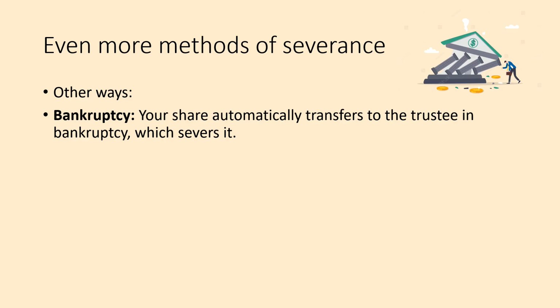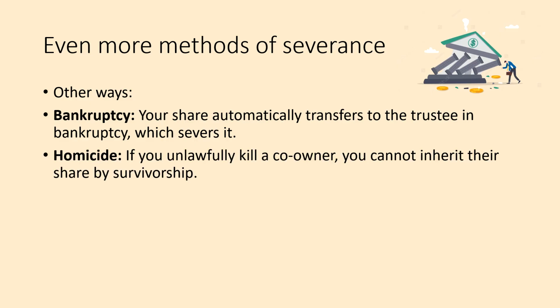So this goes beyond the scope of land law a bit into law of organizations, business law, and so on. But for the sake of this video, just remember that bankruptcy is a method of severance as well.